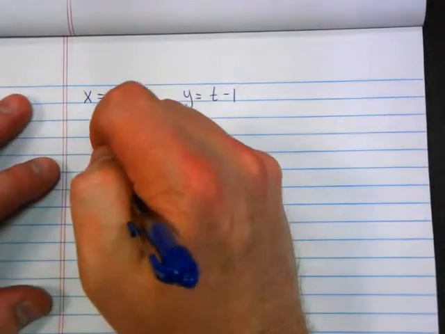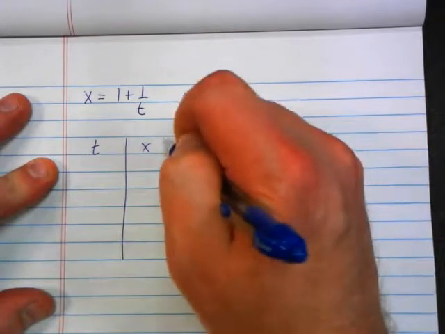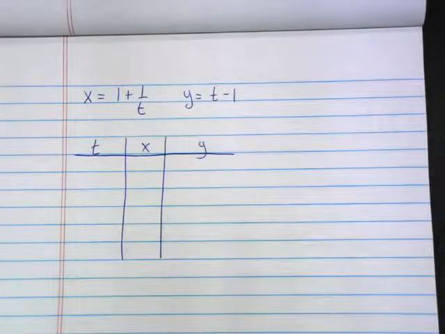Again, in order to graph, I would build a table. What numbers do you want to plug in for t this time?